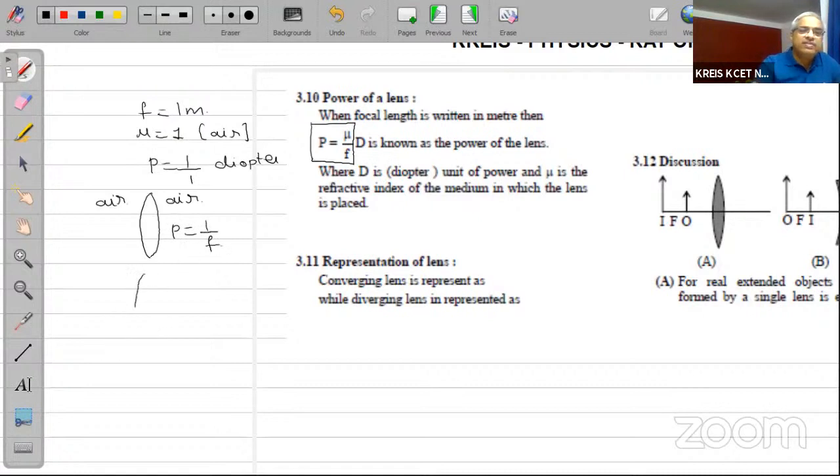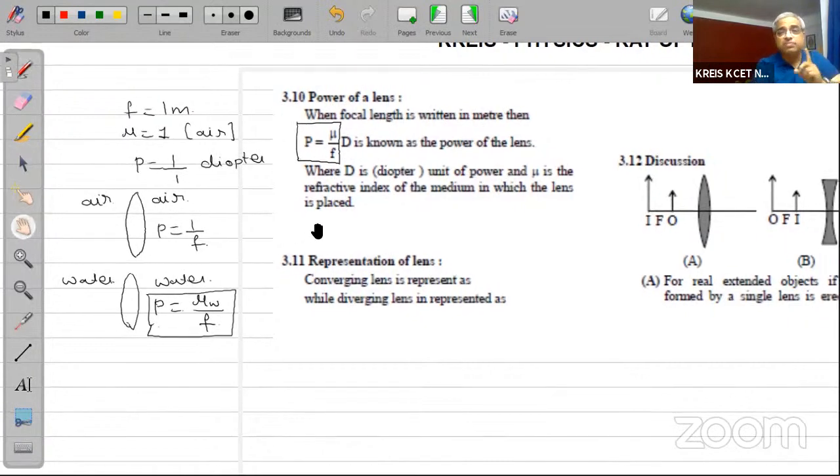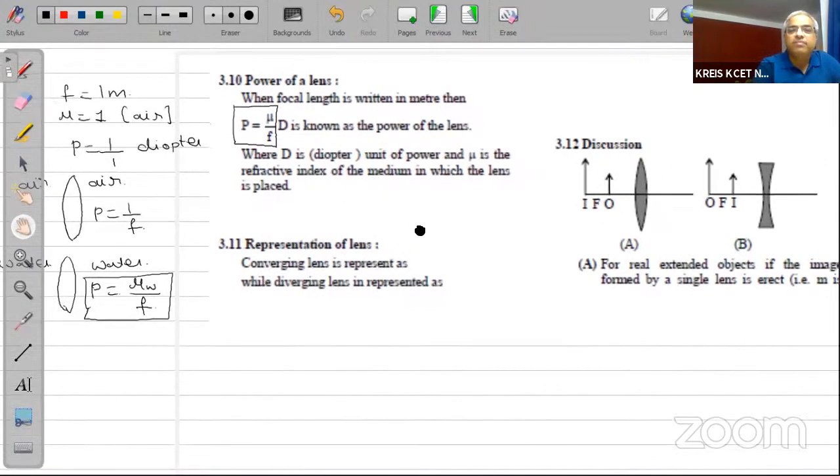Otherwise, if the lens is placed in something like water on both sides, then the power will be given as the refractive index of water divided by f. A very important idea. Okay, mu w divided by f. That in fact becomes the power of the lens. That is a very important point, so you all need to pay attention to it. Okay.